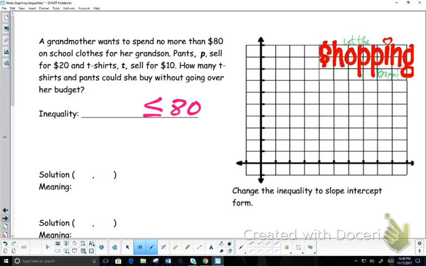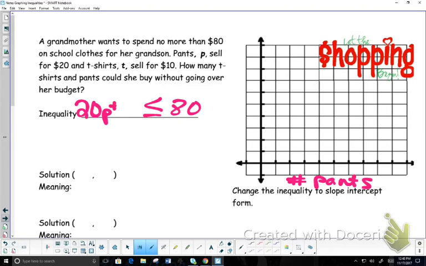pants. They sell for $20 each. That's kind of like the pigs had 4 legs each, right? Yes. So we've got $20 pants, and what does p represent? Number of pants. So I can go ahead and label my x-axis, because the first one in a standard form equation is the independent variable, correct? Correct.